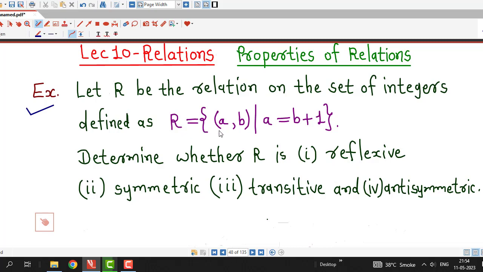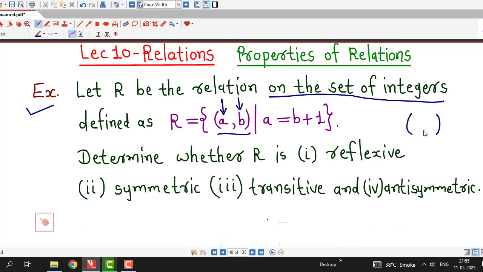Here relation R is defined on the set of integers, and the definition of relation R is that we have to consider ordered pairs of integers (a, b) such that the first integer a is equal to the second integer plus 1, that is, ordered pair (a, b) such that a = b + 1.